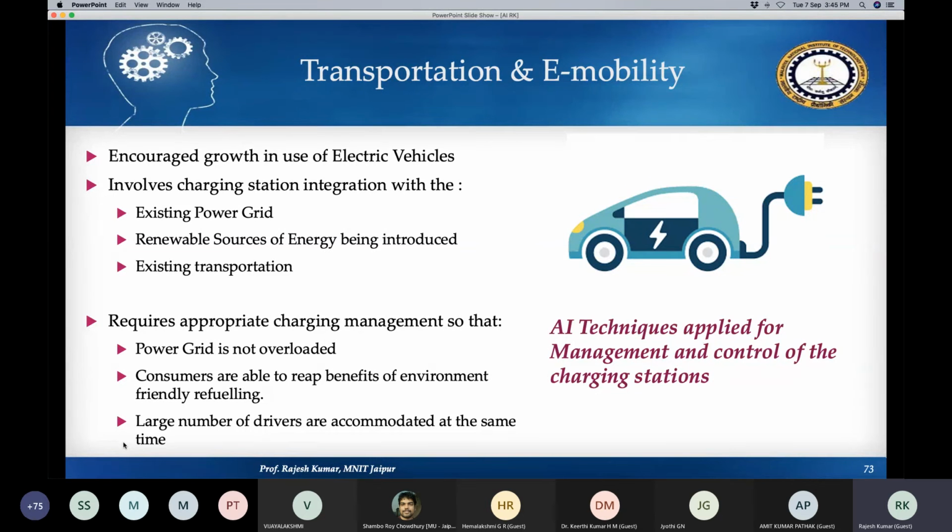In mobility and electric transport, when you talk about EVs, we have various issues, and one of the biggest is the charging station. How will you charge your EV? Do you want to charge it at home, or are you looking for charging stations?